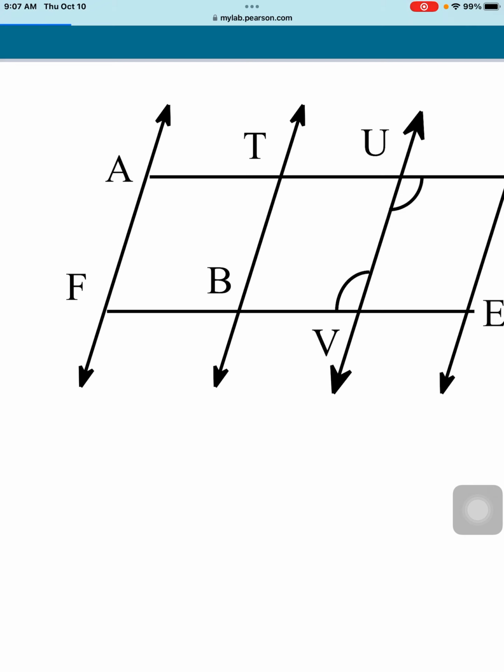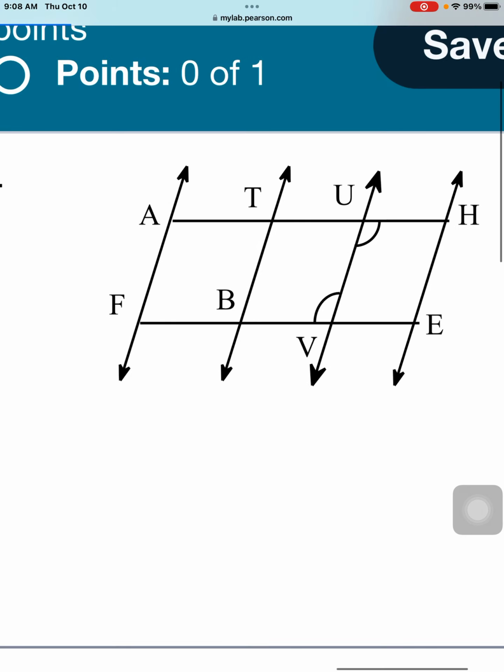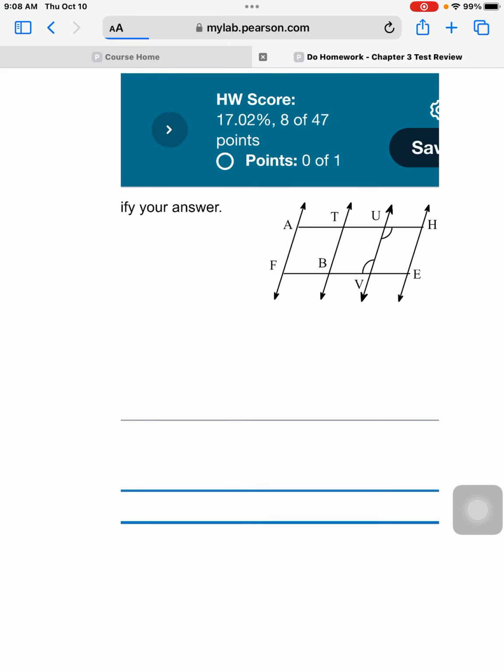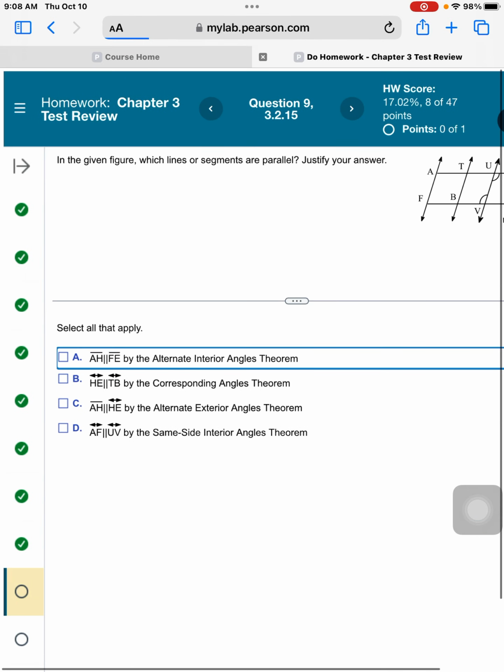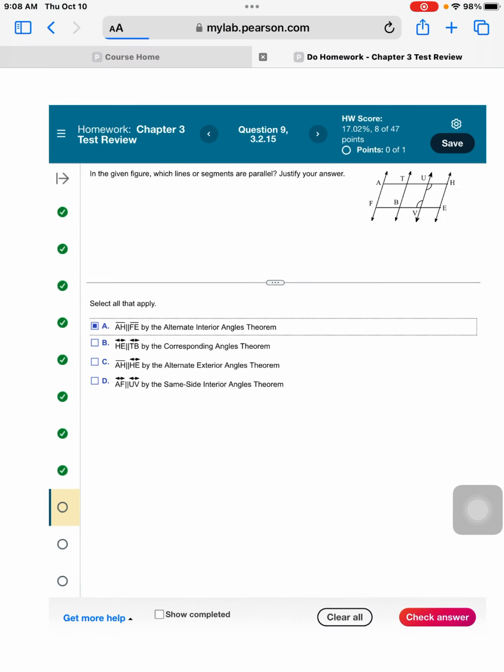And what do we know about 2 lines that are being transversed with either congruent corresponding, congruent alternate interior, congruent alternate exterior, and supplementary same side interior angles? Those 2 lines that are being transversed by any of those 4 properties have to be parallel. So let's take a look. It looks like it's transversing line segments AH and FE. So let's see if we have that down here. AH, FE by alternate interior. Perfect.